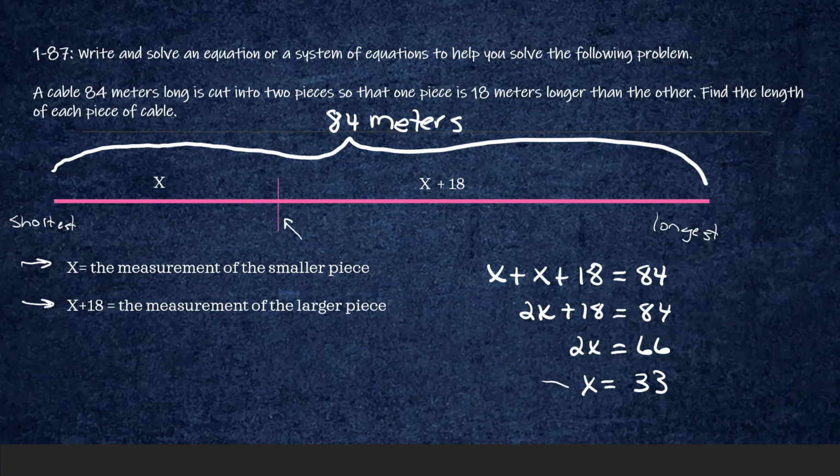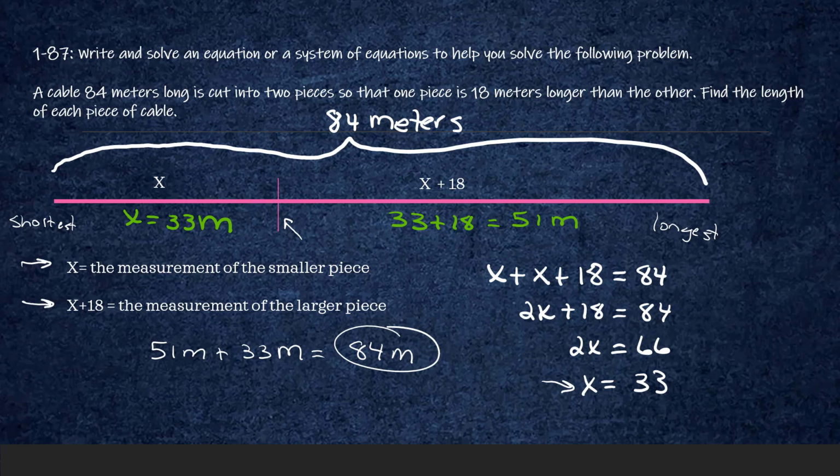This takes us down to the smaller side being 33. Then we take that 33 and plug it into x plus 18, and that gives you 51 meters. You could even check that: 51 meters plus 33 meters equals 84 meters, which is what we were working with from the beginning. So that ends 1-87. Let's move on.